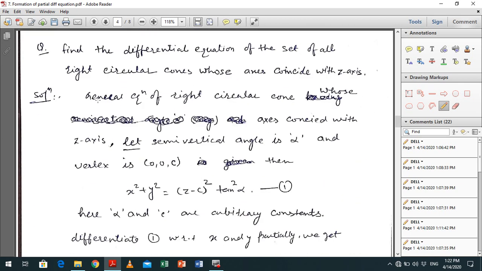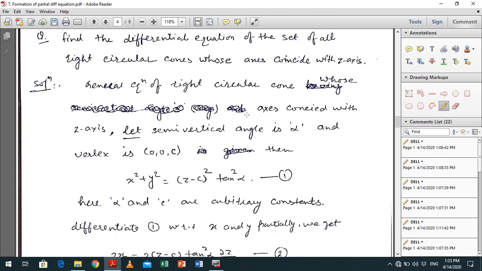Now another example we have: find the differential equation of the set of all right circular cones whose axis coincides with the z-axis. So first we look at the general equation of a right circular cone whose axis coincides with the z-axis.